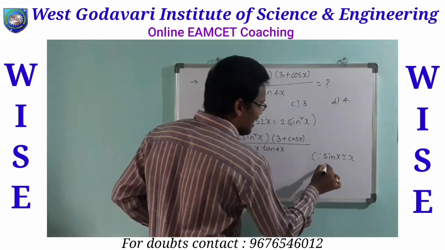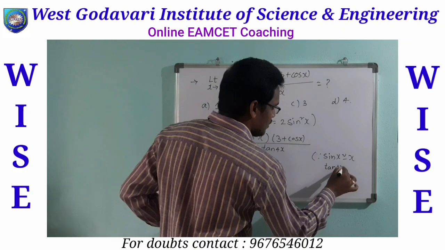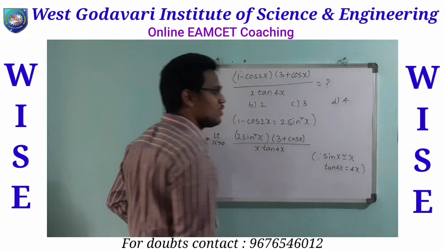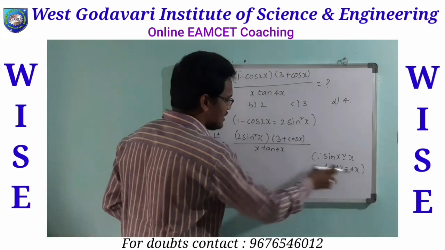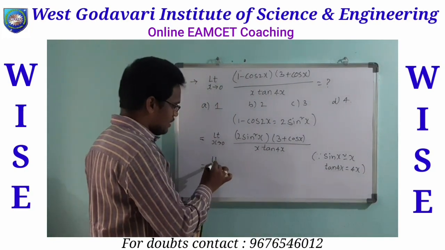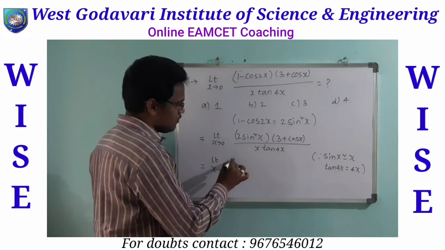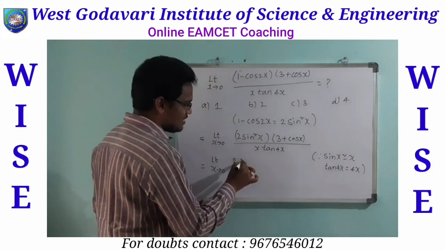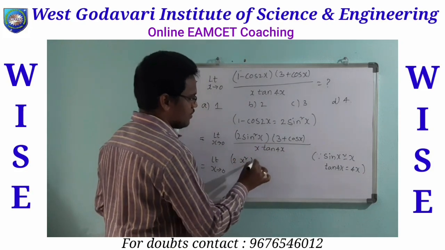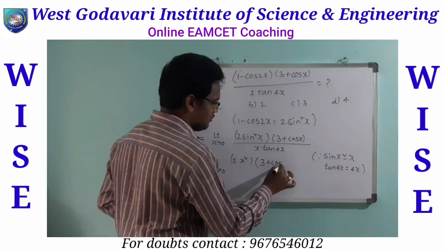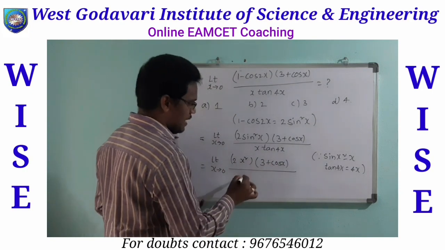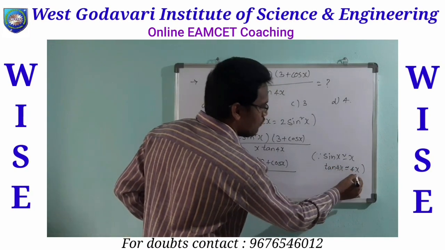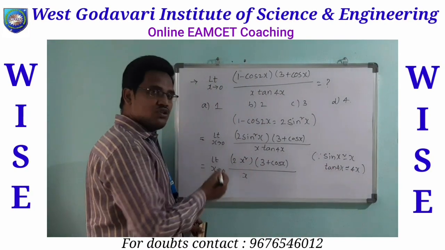Same as tan 4x is equal to 4x. So by substituting the properties in the above equation, limit x tends to 0, 2 sin x is x, so sin square x is 2x square, 3 plus cos x by x tan 4x, which is approximately 4x whenever x tends to 0.